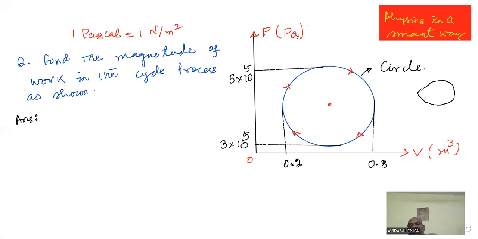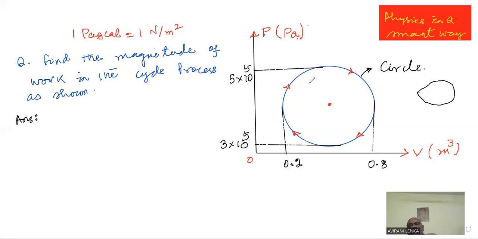It may be a cyclic process, but it still has to obey all the ideas that we have developed for thermodynamic work. For a cycle, you can pause the video here and try to work it out.